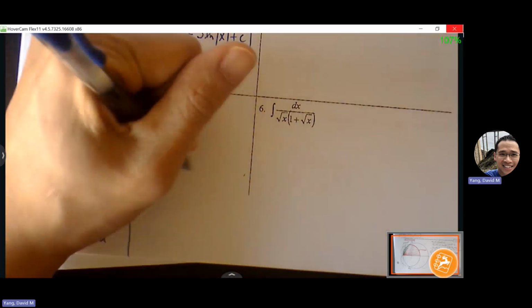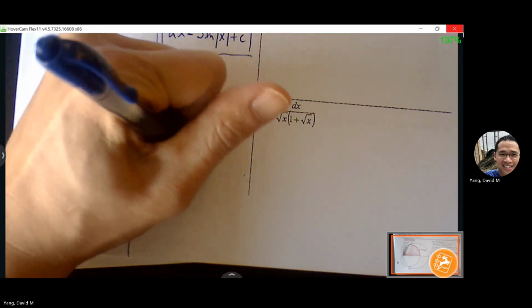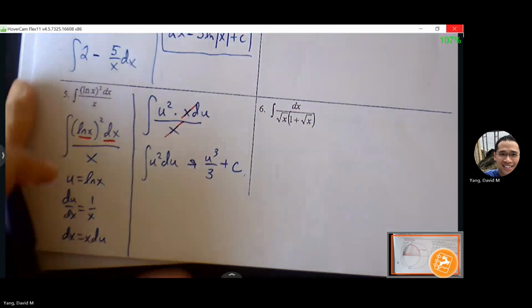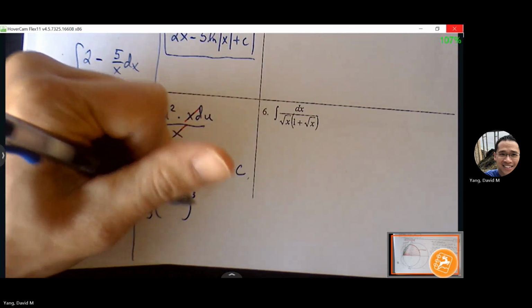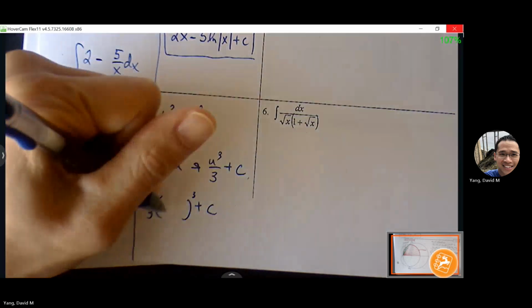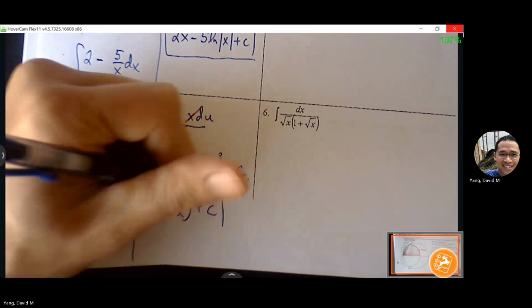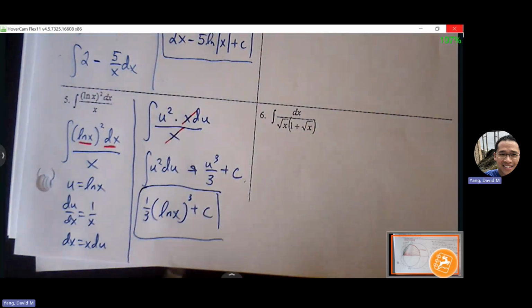Power. Oh, yeah. Or you can leave the 3 below under the parentheses, under the natural log if you want. It's up to you.